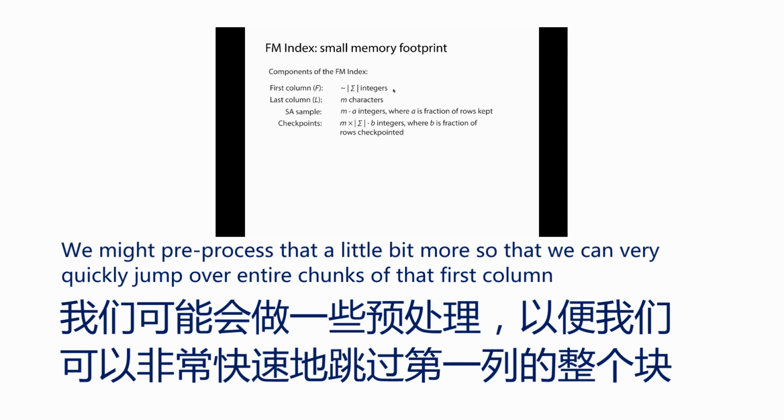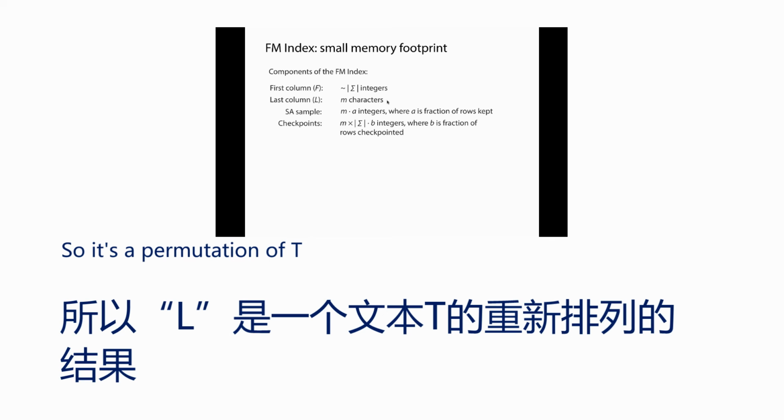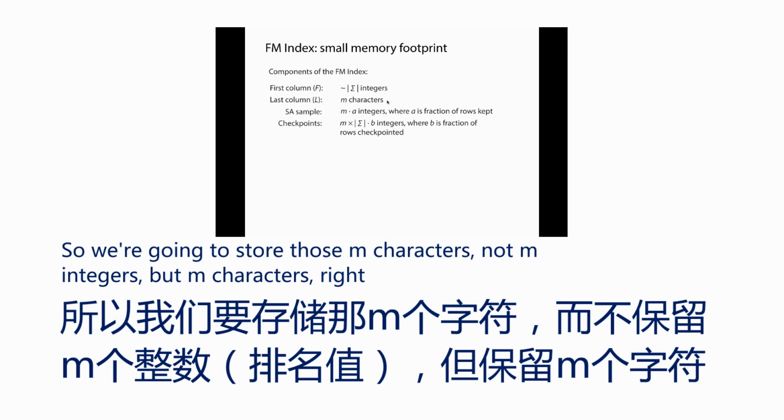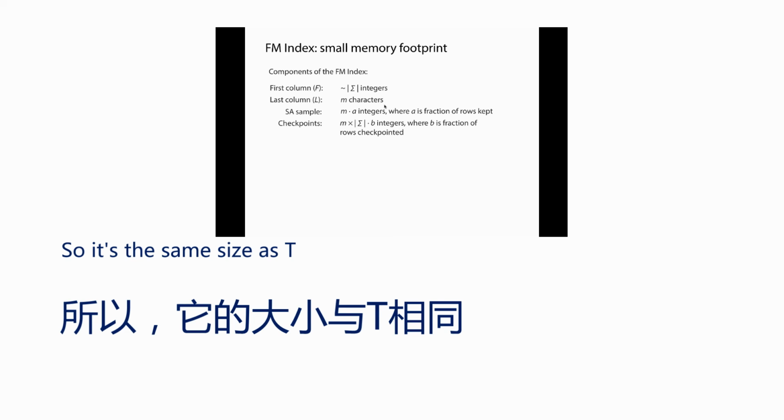We might pre-process that a little bit more so that we can very quickly jump over entire chunks of that first column. Then the last column is the Burrows-Wheeler transform itself, so it's a permutation of t, and we're going to keep that. So we're going to store those m characters, not m integers, but m characters. It's just a permutation of t, so it's the same size as t.